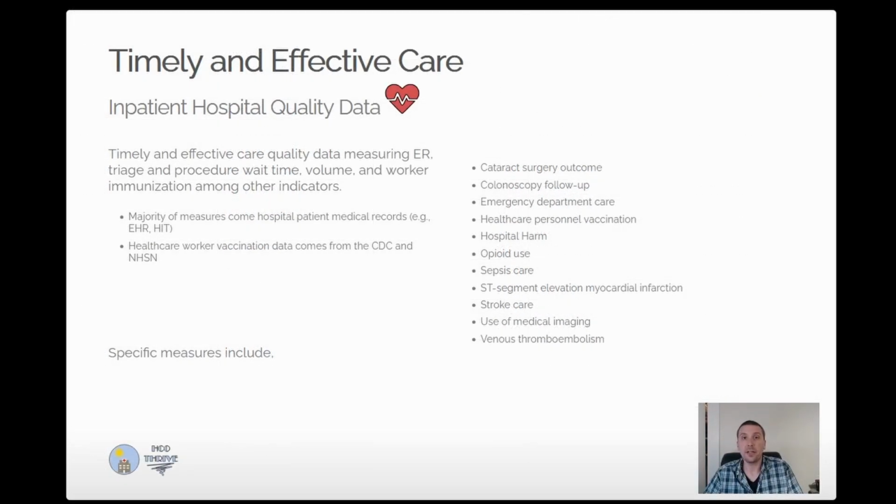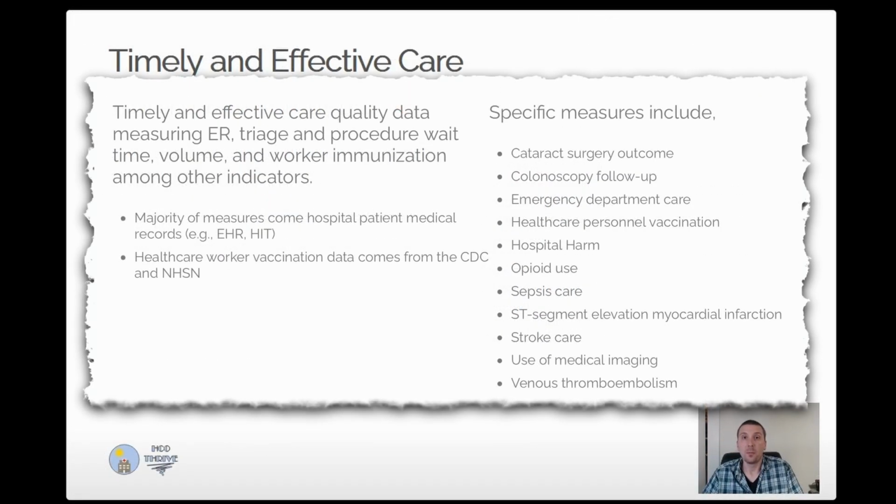Timely and effective care data primarily measures procedures when a patient is admitted into the hospital. For example, how long a patient spent in the ER, whether a patient was given aspirin if they are suspected of having a heart attack right away when they arrived, whether they're given beta blockers when they leave, as well as other factors such as whether or not healthcare personnel have had their vaccinations.